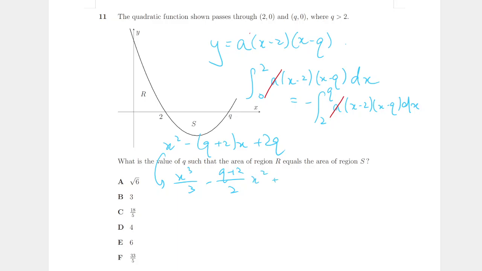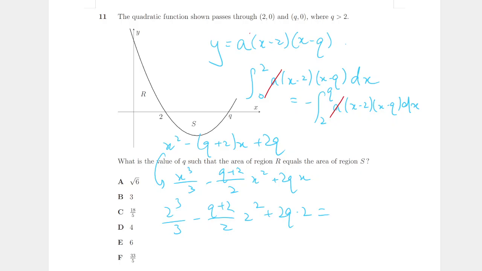And then plus 2qx. Okay, so then we sub in the boundaries and we will write down the equation. So 2 cubed over 3 minus (q plus 2) over 2 times 2 squared plus 2q times 2. And when we sub in 0, of course nothing happens, equals, again, so you sub in q minus you sub in 2, right?